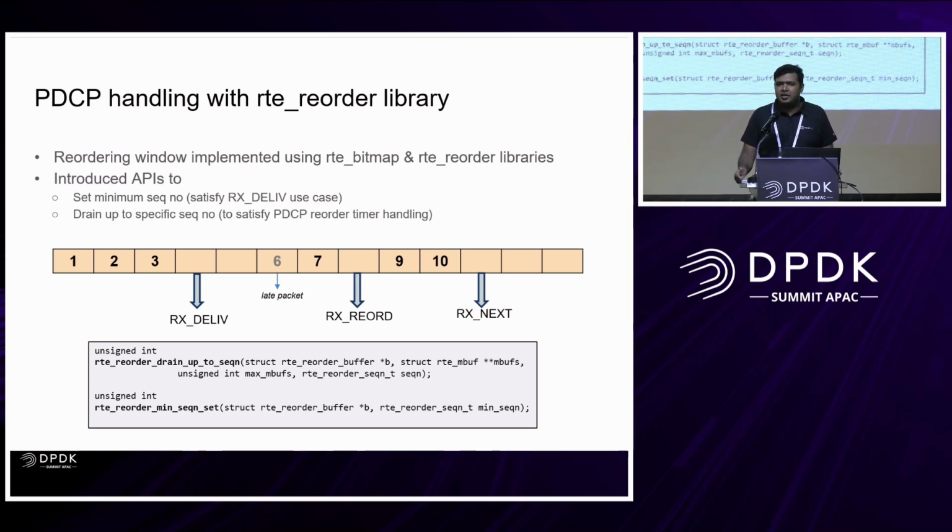One was regarding the memory footprint of this rte_reorder context. For smaller window sizes, the application can just assume a certain number of mbufs and allocate some memory, and it's possible that we get into the right range. But with PDCP, the window sizes can go to 2 power 11 or 2 power 17 kind of windows.